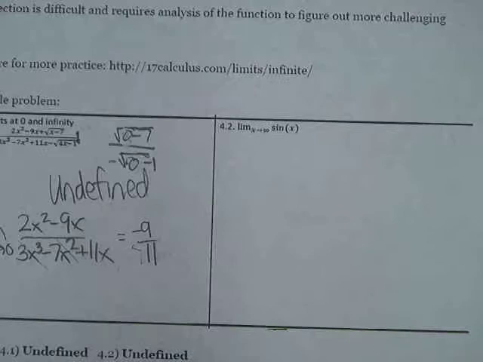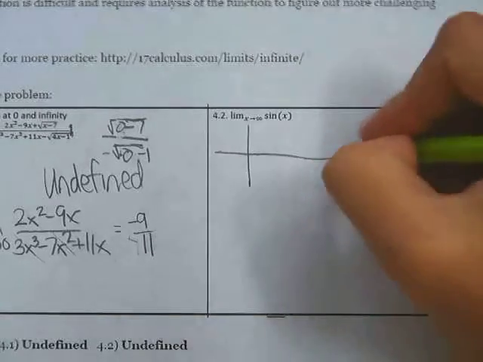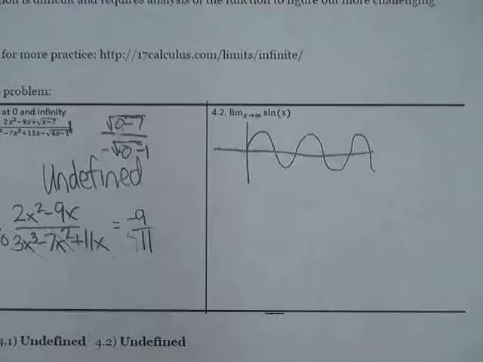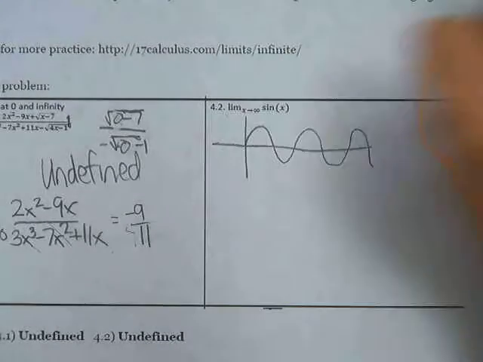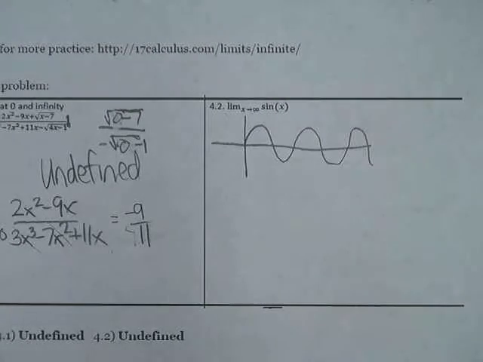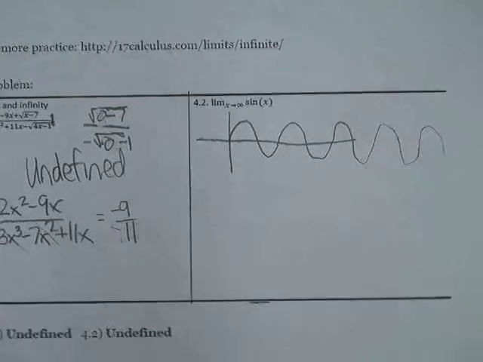Alright, the one on the right side is significantly simpler. It looks simpler. Let's think about what sine of x looks like. Sine of x looks like this. I mean, that's a crappy drawing, but it goes on forever. Does it ever converge? No, it keeps doing its thing. All these trig functions just kind of keep doing their thing.